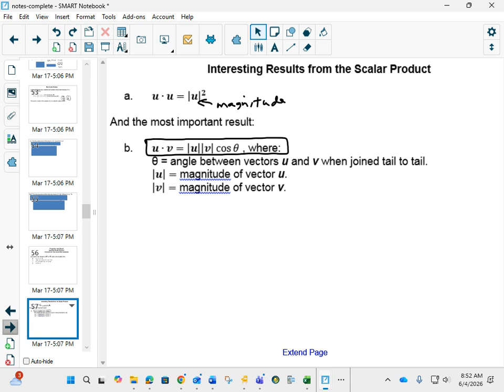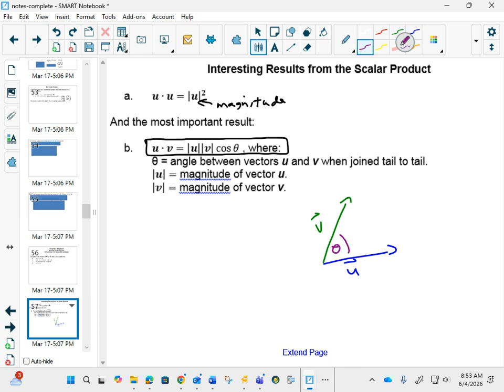So if I had two vectors, vector u in this direction, vector v in this direction, and I put them tail to tail and had an angle theta in between them, if you do cos of that angle, multiply by the length of v, multiply by the length of u, you will get the dot product.